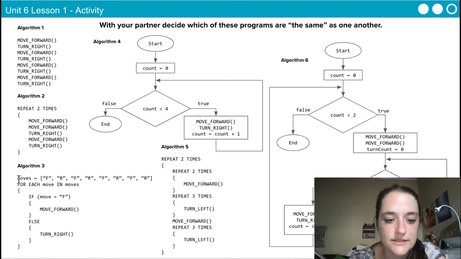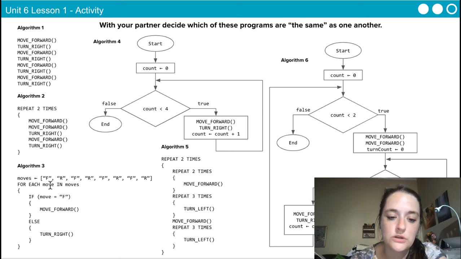Algorithm 3 says moves is forward, right, forward, right, forward, right, forward, right. For each move in moves, if move equals F, move forward, else turn right. This is saying it's going to count how many there are in this list: 1, 2, 3, 4, 5, 6, 7, 8.